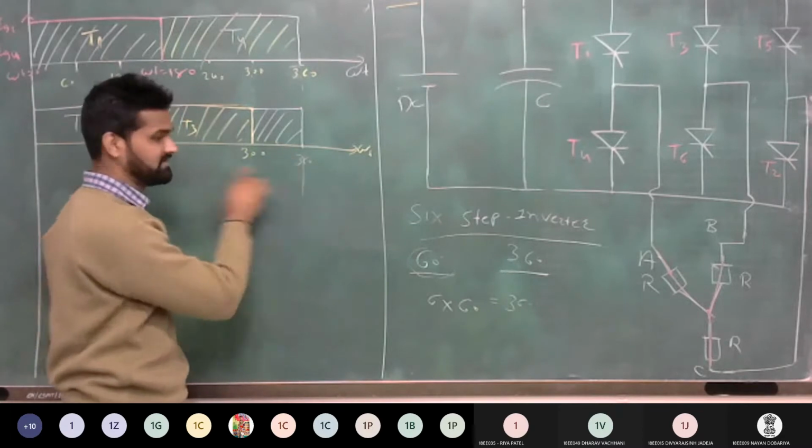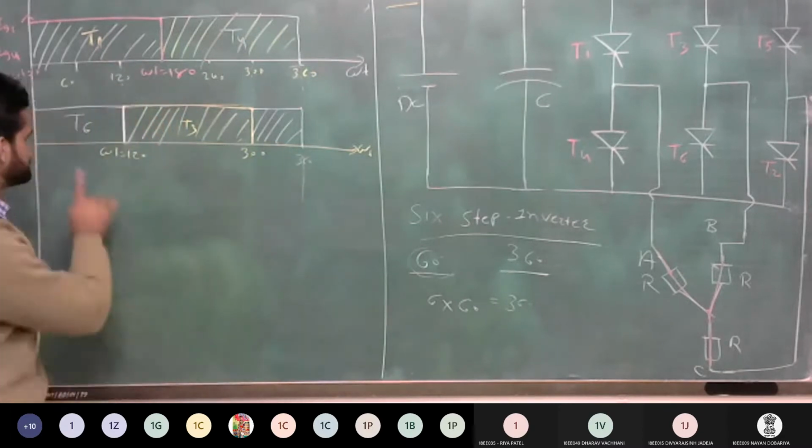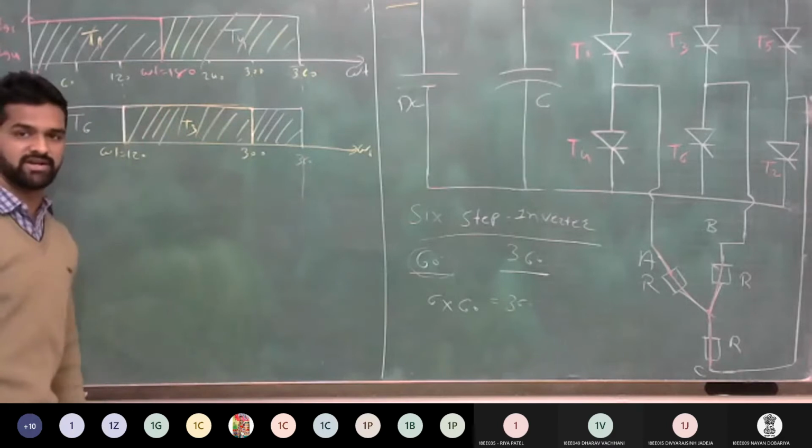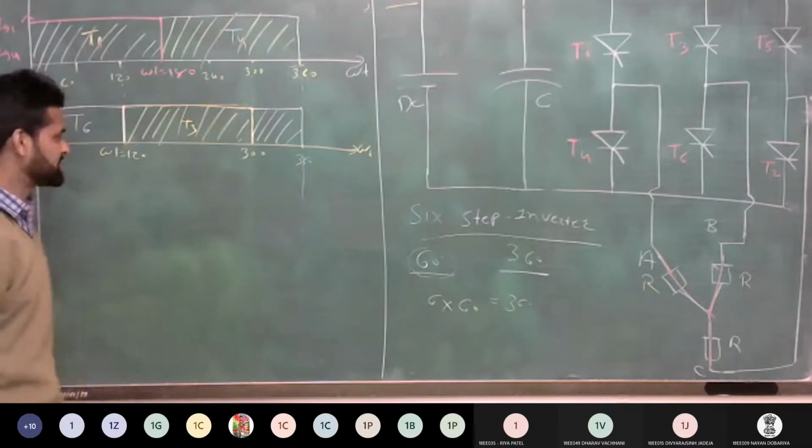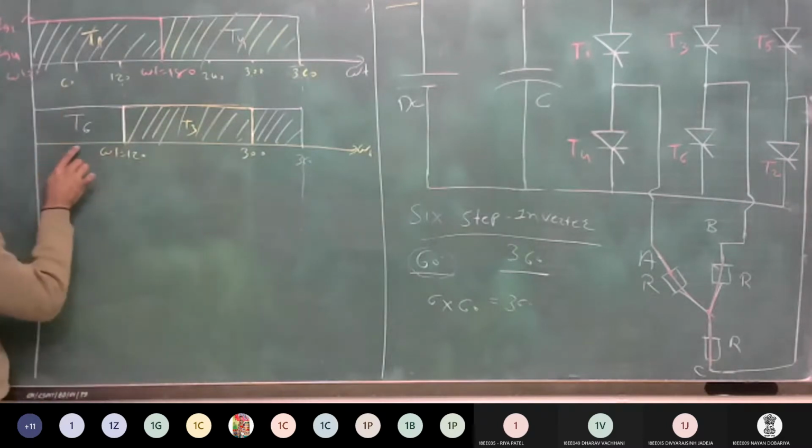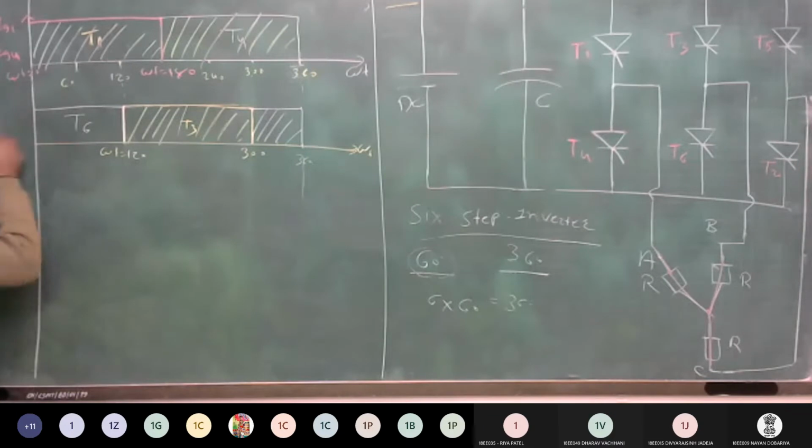So as you see, in one cycle this T6 is conducting for 180 degree duration. Actually here your T6 will start in the previous cycle of this. This is a continuous process. So here we take the time t is equal to 0.